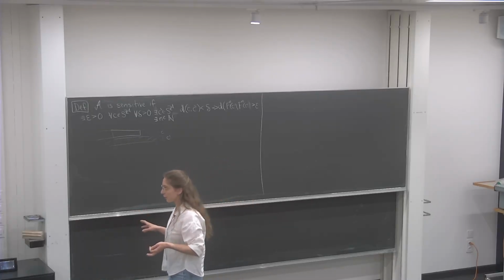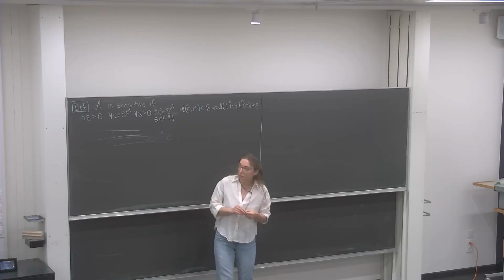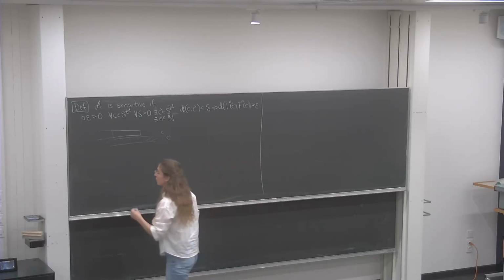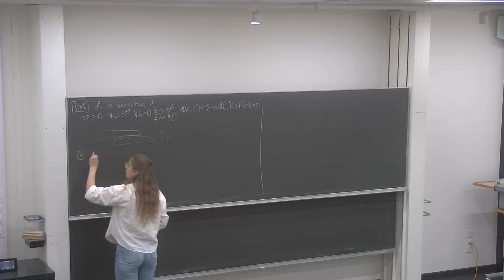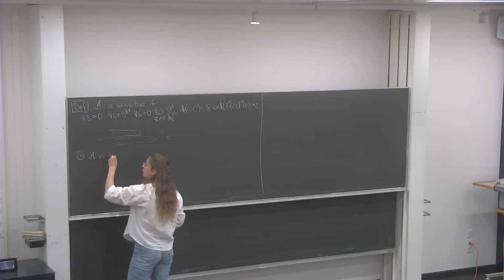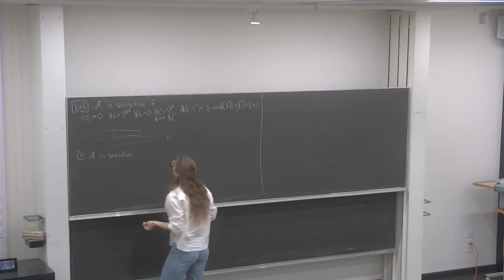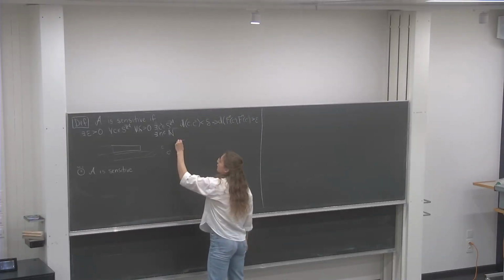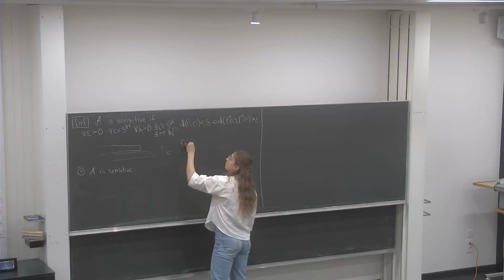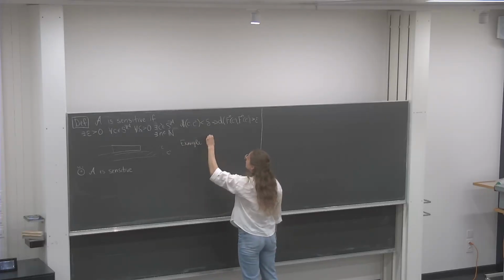So now we have all the definitions we need, and so let's start establishing some relationships between these notions. So the first observation we can make is that if A is sensitive, so maybe an example, just a quick example. So you're happy there are examples.